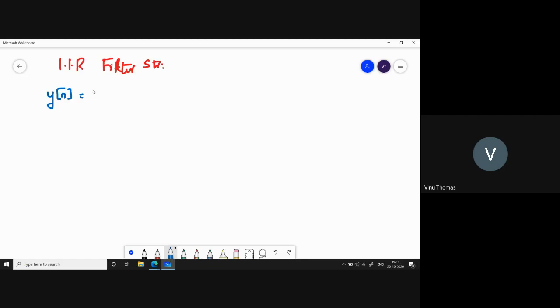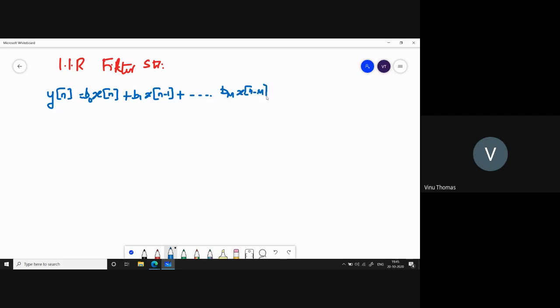So the FIR filter can be represented as y of n equals b0 x of n, where b0 is a constant, plus b1 x of n minus 1, plus b2 x of n minus 2, plus etc. up to a last term which we will call bm x of n minus m.